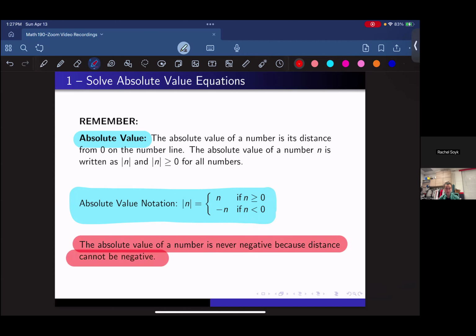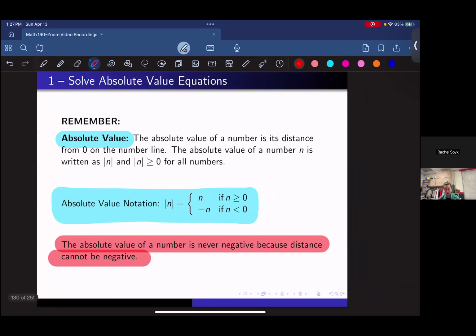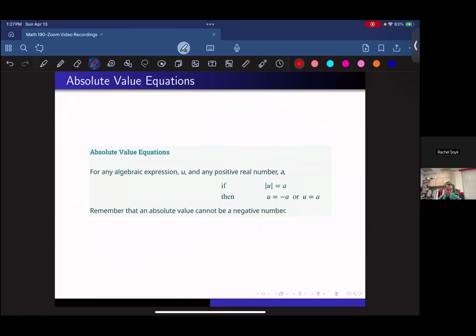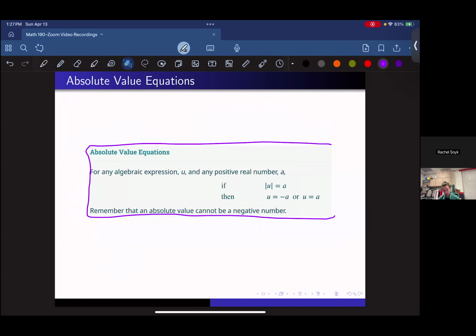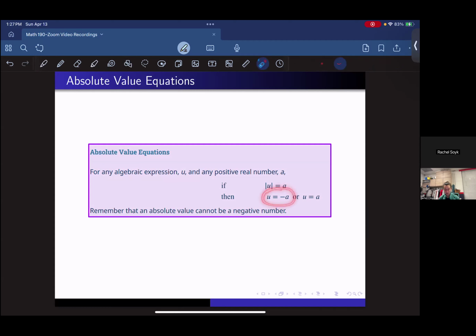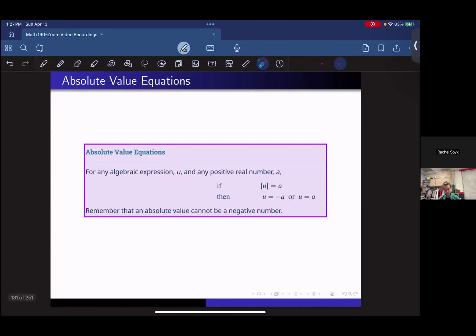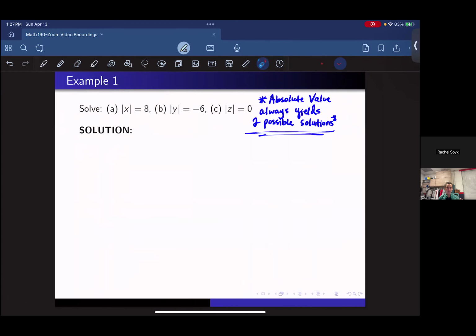Always going to shoot out a positive value when we're dealing with absolute value. And then this is just another way of expressing absolute value just from an equation perspective, where if we're looking at the absolute value of u, absolute value of u is a, well, that tells us that we have a negative case and a positive case. U could be -a or U could be +a. So this whole negative and positive case is really going to help us out for our future problems.